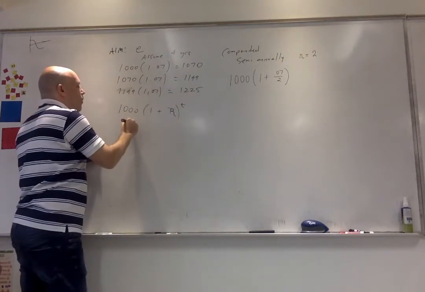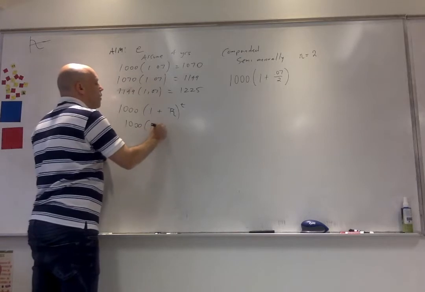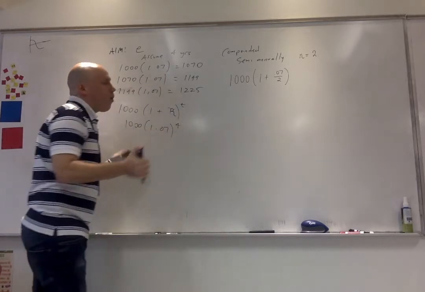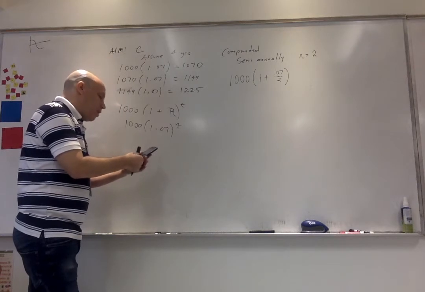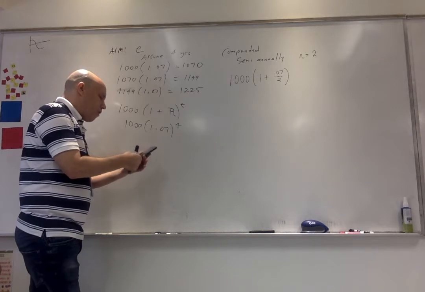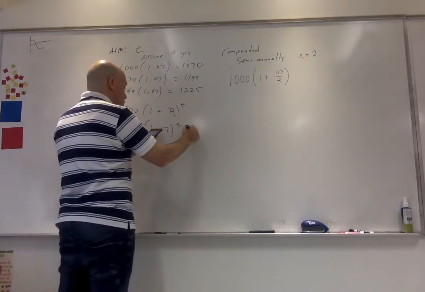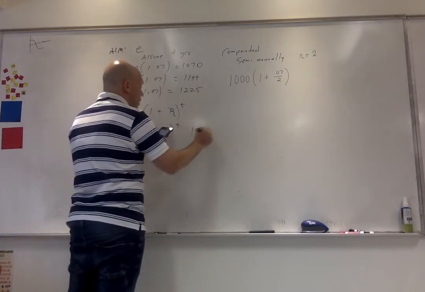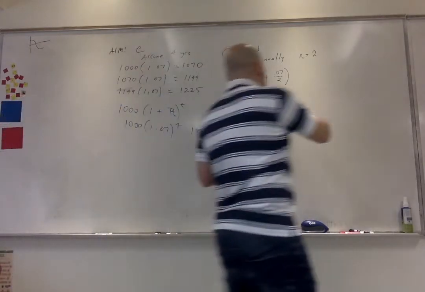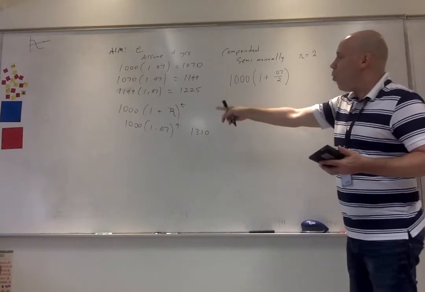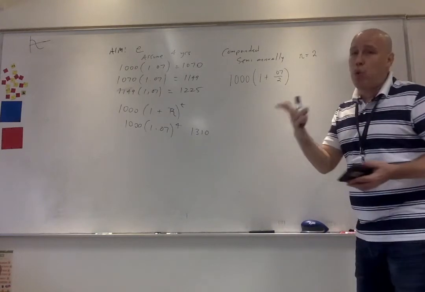So what would the answer be? 1,000 times 1.07 to the 4th power. After 4 years, you have $1,310.